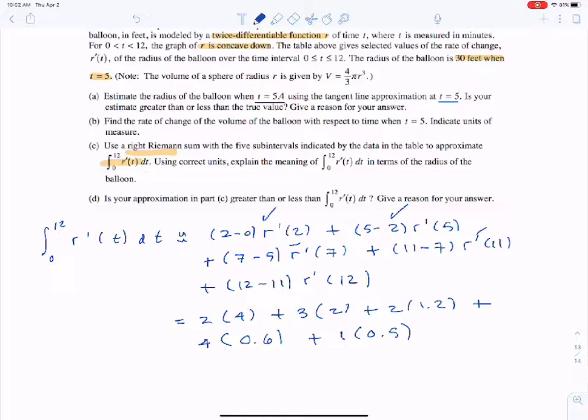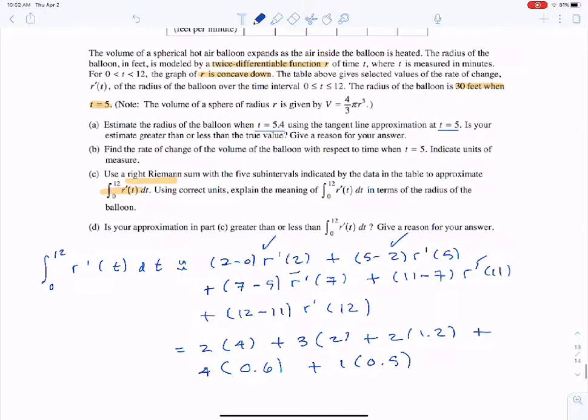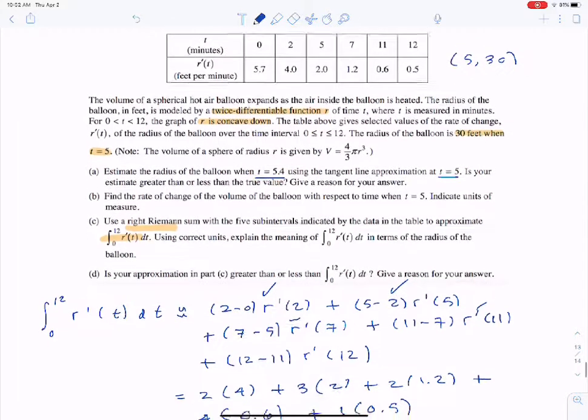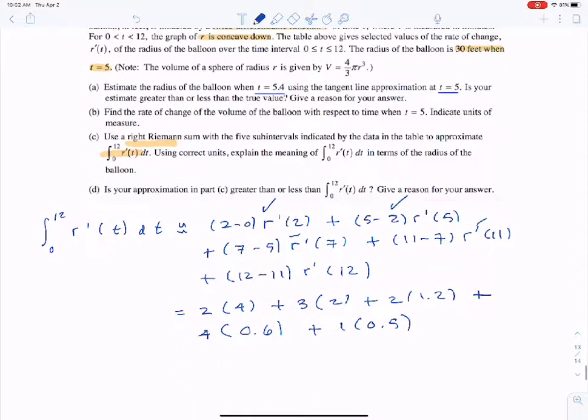So this is the length of the radius, and our radius was measured in feet. So this is feet. Okay? So the question is, is there a reason you did not use r prime of 0? The reason is they're asking for right-hand side rectangles.